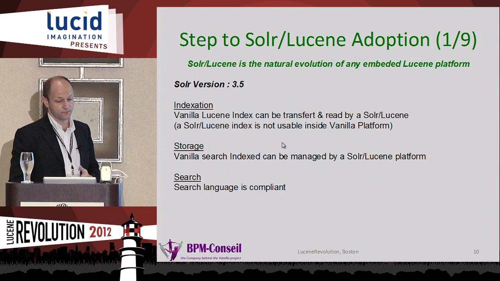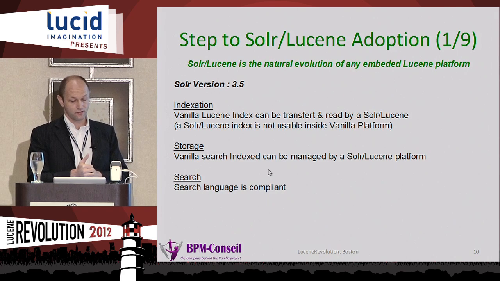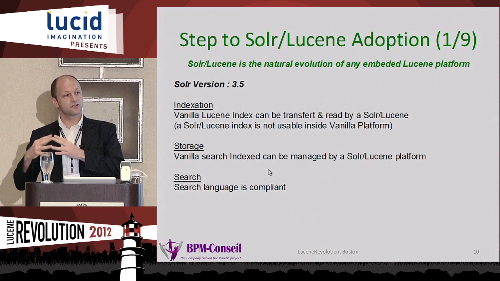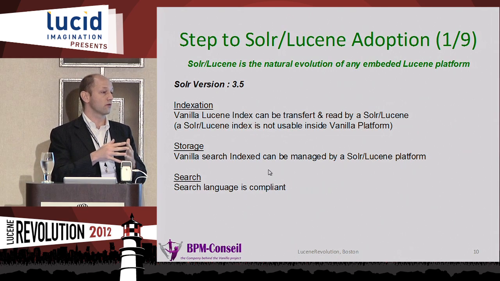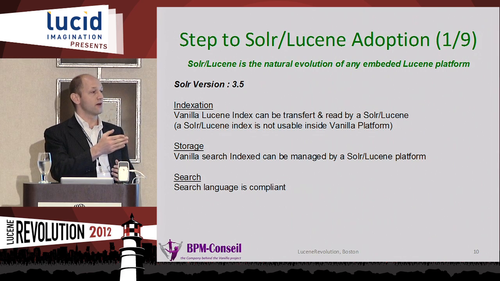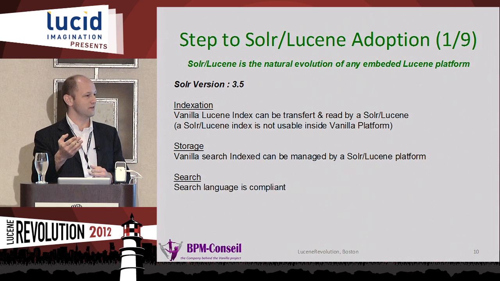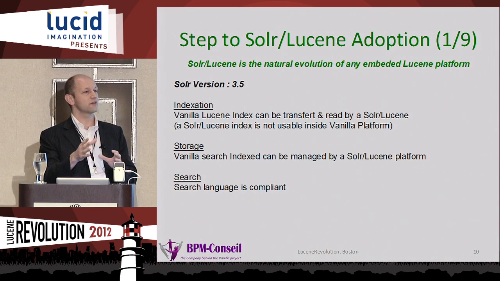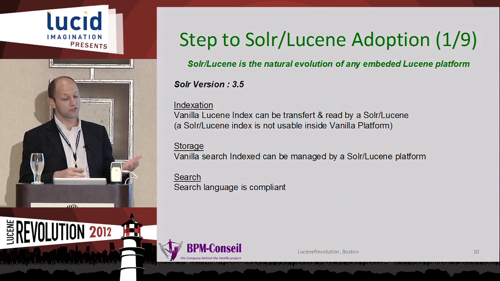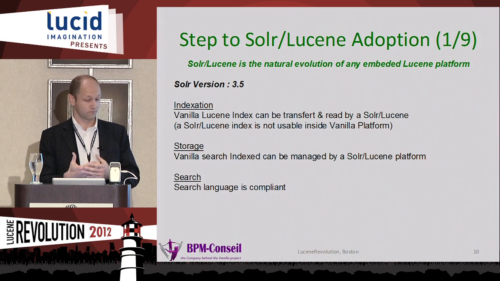About storage, this means that all the vanilla index can be searched through an external search engine, the technical search engine provided by Solr Lucene. You know this interface that looks like Tomcat? It's very technical, so you can use this one, no problem. And you can embed it into your portal. It's very easy.